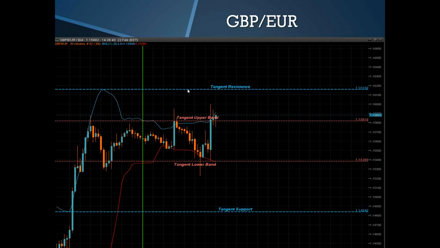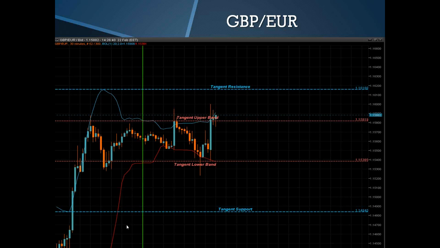This is tangent resistance. Remember, I'm doing the SNR and the SVB at the same time. I'm looking at the GBP Euro. This was from last week. So basically, I put a tangent line. This is my tangent resistance, and this is my tangent support. I'm following one upper band.